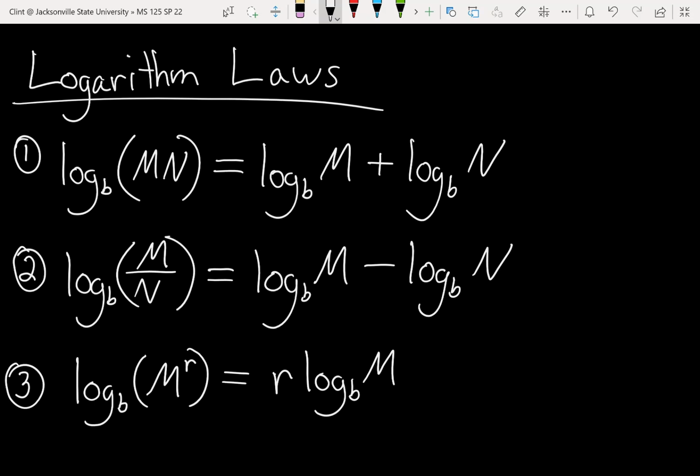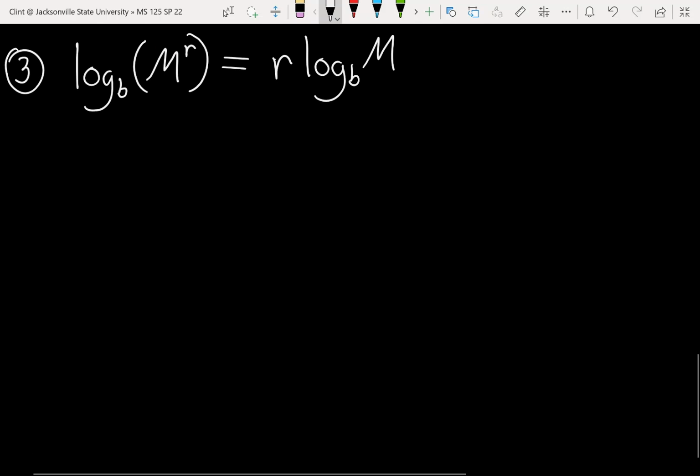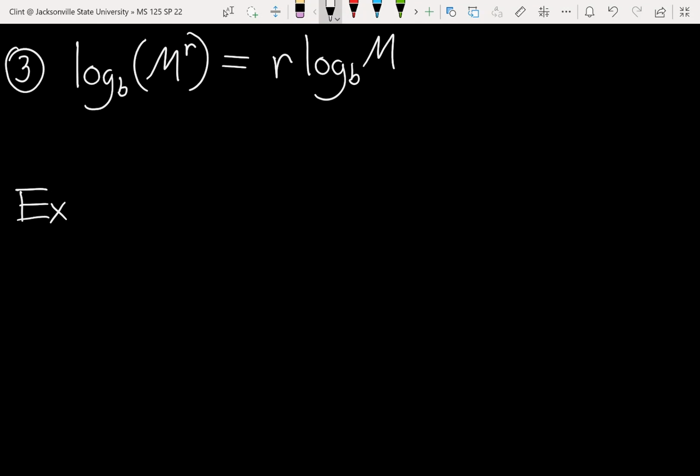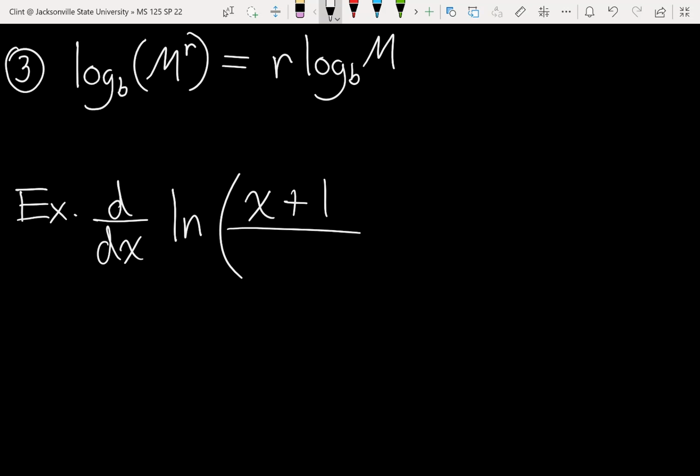So let's look at one example here. Maybe we want to find the derivative of natural log of x plus 1 over square root of x minus 2.